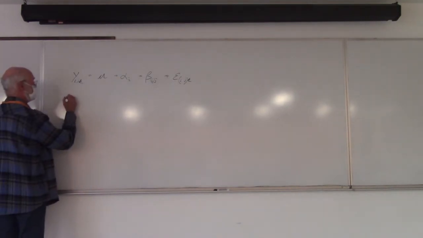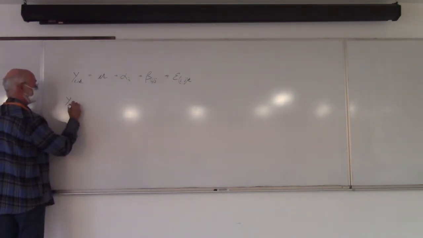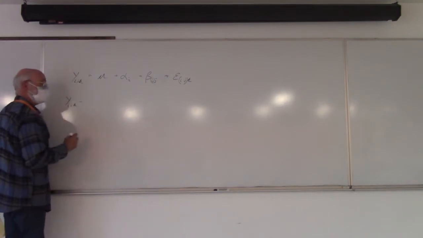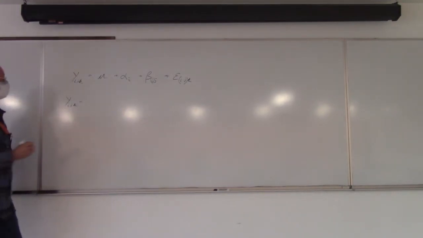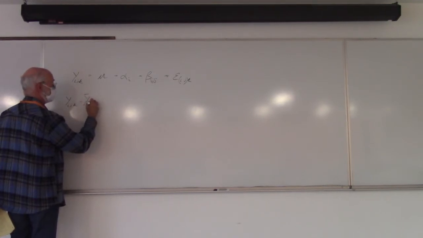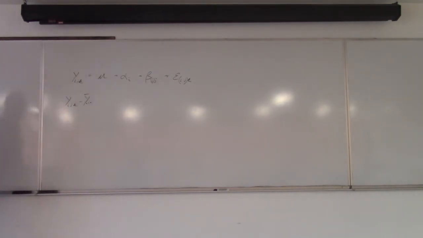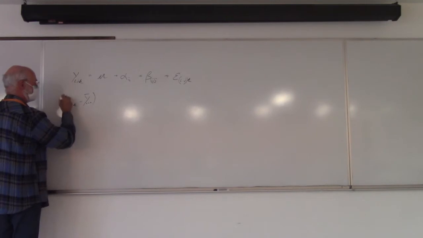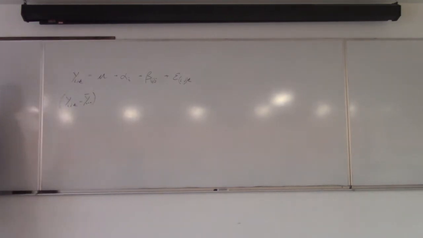So the total variation is going to be yijk minus, and my best estimate of mu is going to be y bar dot dot dot. So that's the average across all leaves, all trees, all sprays. And of course, with those in parentheses, we square it, add it up across all i's, j's, and k's. And that then gives us our total sum of squares.